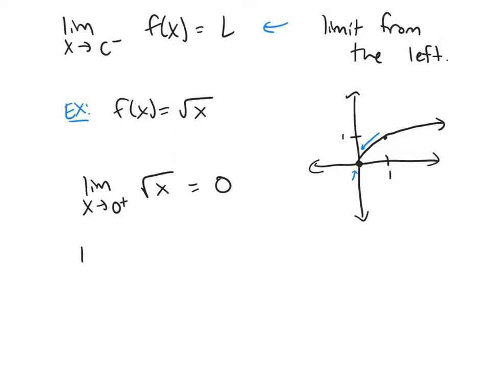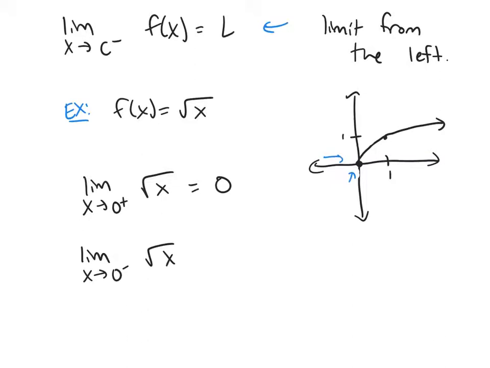On the other hand, if I look at the limit from the left of 0, well, now I'm going to go to 0 and I'm going to look at the left of 0. There is no function there.